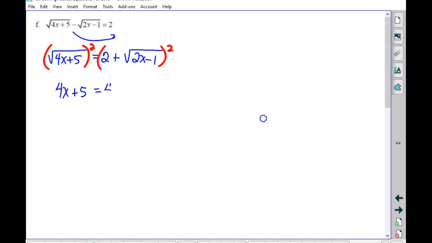So first term squared, product of these 2 terms is 2 root 2x minus 1. Doubled is 4 root 2x minus 1. And then the last term squared just gets rid of the radical sign. So you can show it as 2x minus 1. I put brackets around it, but you don't have to because it's adding.